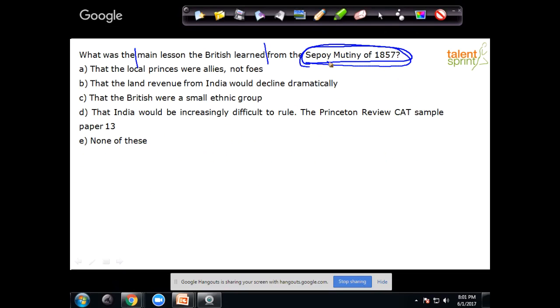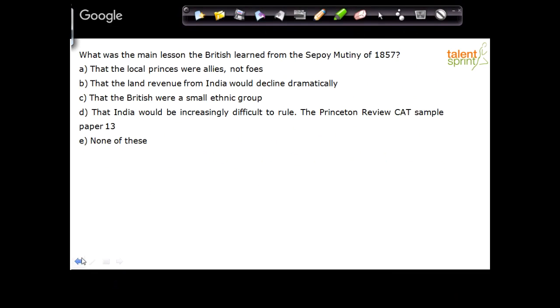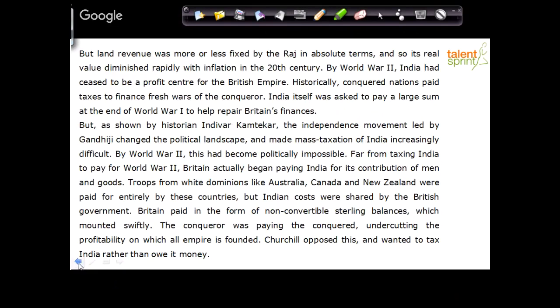Let me go to the options. Local princes were allies, not foes. Land revenue from India would decline dramatically. British were a small ethnic group. That India would be increasingly difficult to rule. Okay, go back. Sepoy Mutiny of 1857. Find it. Tell me if you find it. I'm also looking.